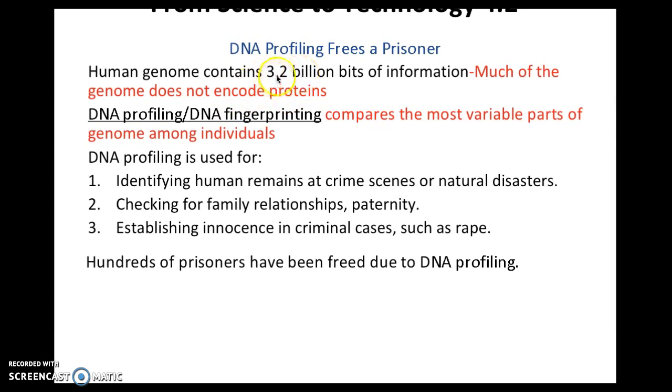Much of it is referred to as junk DNA, which I don't really like that term because there's a lot of things we haven't actually discovered the purpose for yet. So DNA fingerprinting actually compares the most variable parts of the genome among individuals in order to identify individuals. So we use those for crime scenes, for paternity, and other such criminal cases.